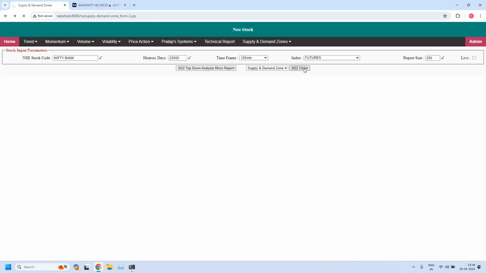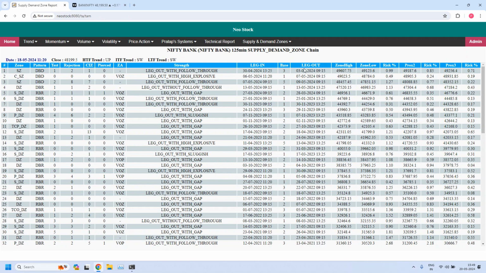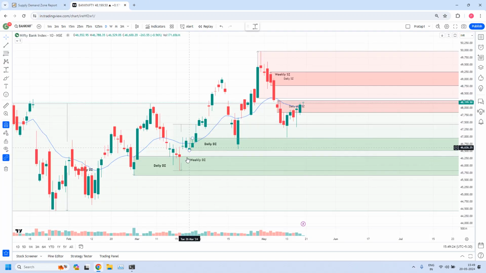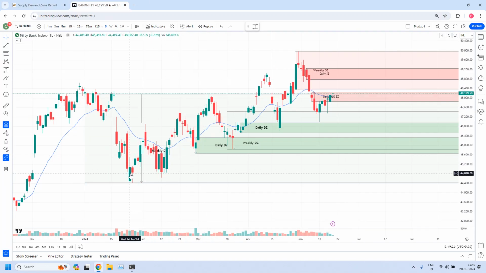In 125 minutes we will check only if high liquidity zones are there. Otherwise we will move to 75 minutes. We have a high liquidity demand zone, but it is already pierced, so we don't bother. The 6th one, we have one more. This is on 25/1. 25/1 means here, probably here.